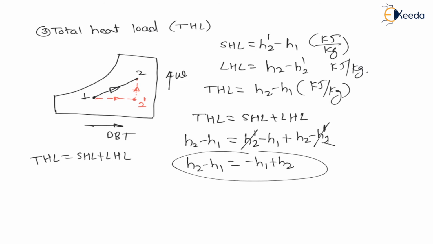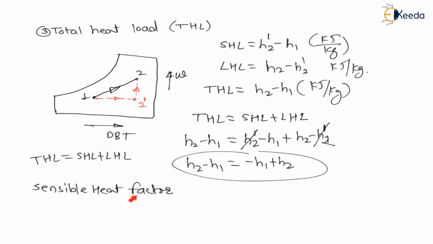Now there is a concept of sensible heat factor. In the psychrometric chart lecture, I have stated that the sensible heat factor lines are straight inclined lines sloping downward to the left.